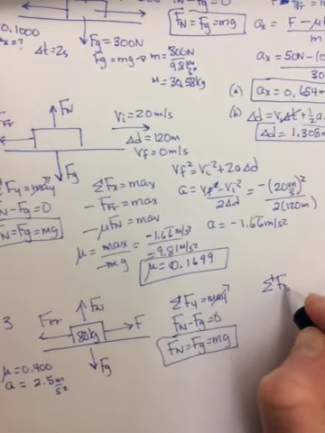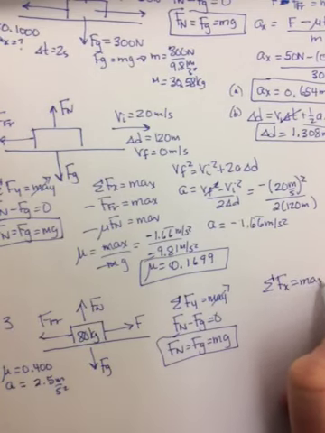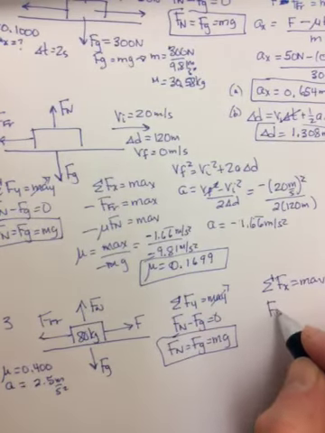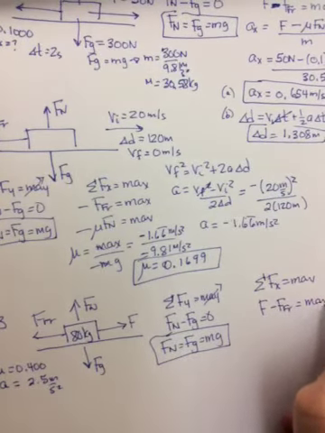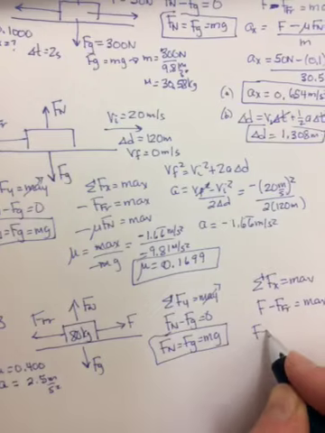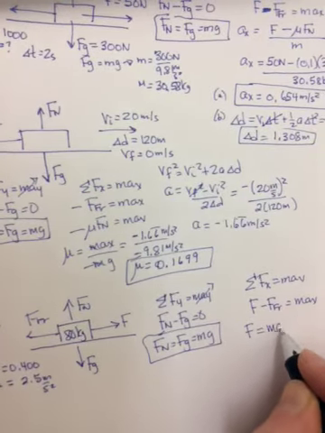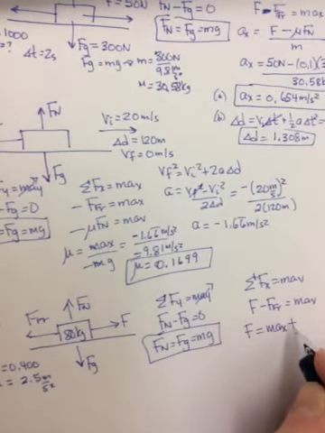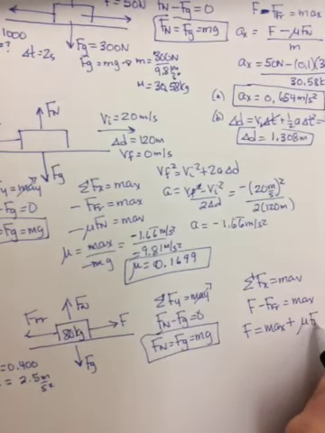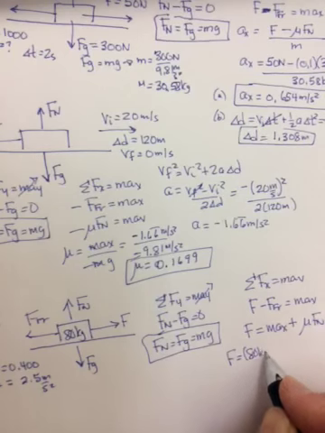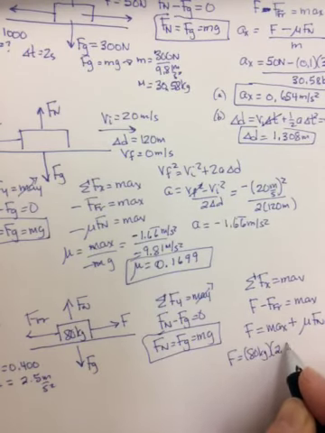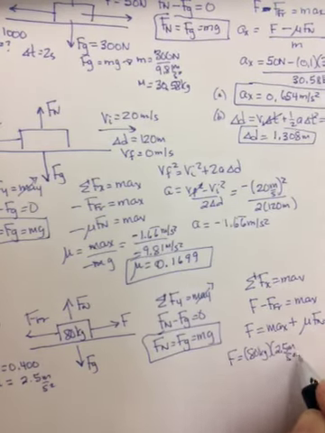And instead go to sum of the forces in the x. And in the x direction, you have F minus friction is equal to max. And you're solving for F. So take the friction over, max. And friction is really, it's going to be plus, it's really mu Fn. And now I would fill my numbers in. M is 80 kilograms. A is 2.5 meters per second squared.